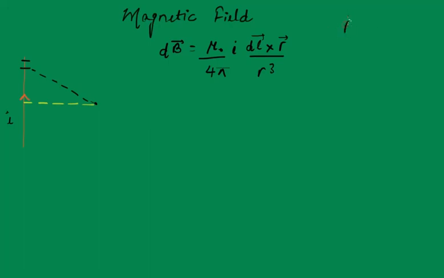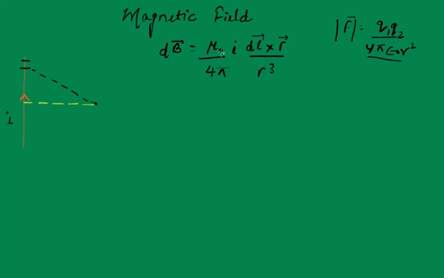We know that the magnitude of the force is given by q1 q2 by 4 pi epsilon naught r square, and it will have some direction. In this expression, 4 pi epsilon naught is a constant, r is the distance between these two charged particles, and q1 q2 is the amount of charge. A similar thing is here.